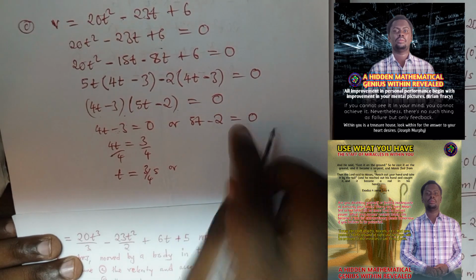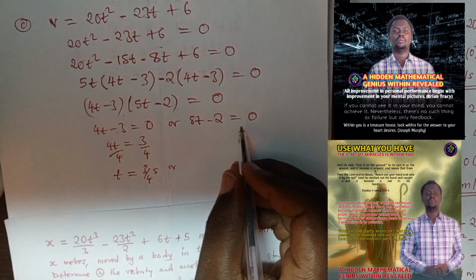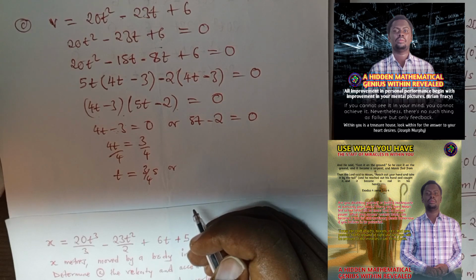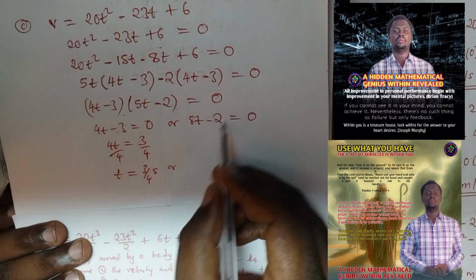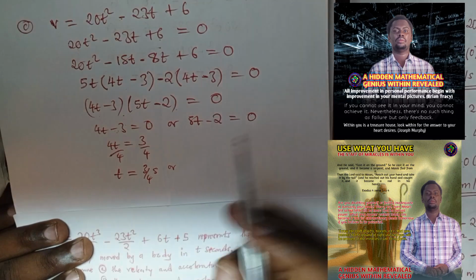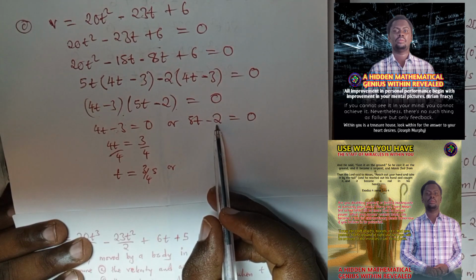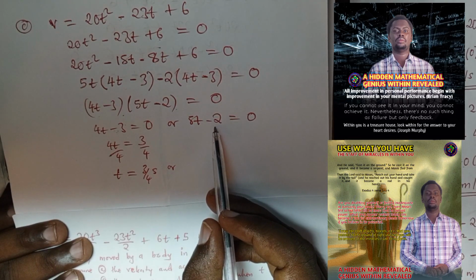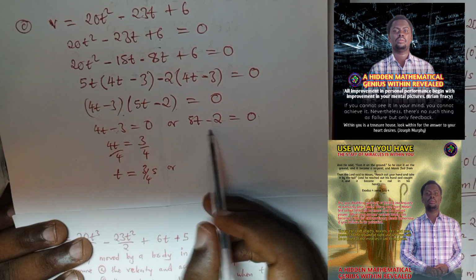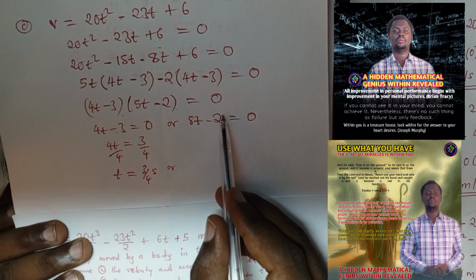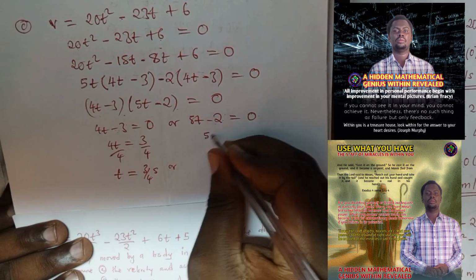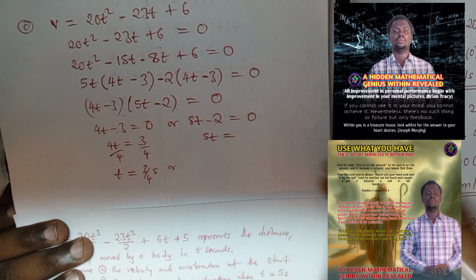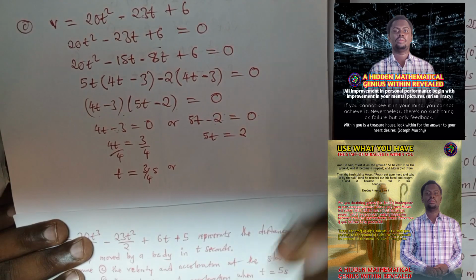Or come this side, this is 5t minus 2 is equal to 0. For you to remain with a term having t, we need to get rid of minus 2. To get rid of minus 2, we do the opposite of minus 2, and the opposite of minus 2 is plus 2. So we add 2 to both sides of the equation. Plus 2 here will cancel out minus 2. So we have 5t is equal to 0 plus 2, you just get a 2.